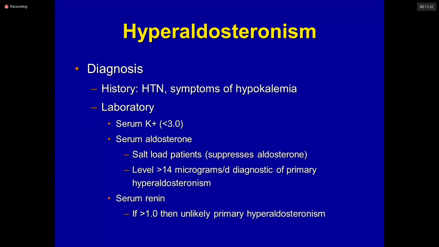If the aldosterone is suppressible, then there is no tumor secreting the aldosterone. But usually in Conn's, which is primary hyperaldosteronism, after giving a good enough amount of salt, there will be no suppression of aldosterone, and that will further confirm the diagnosis of primary hyperaldosteronism.